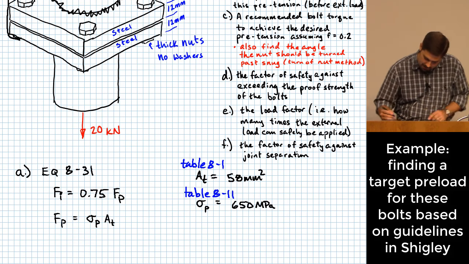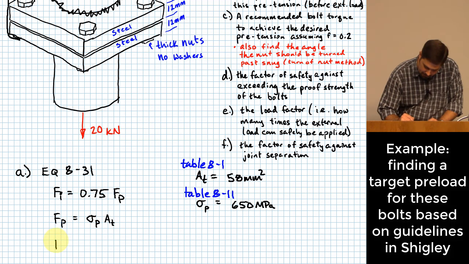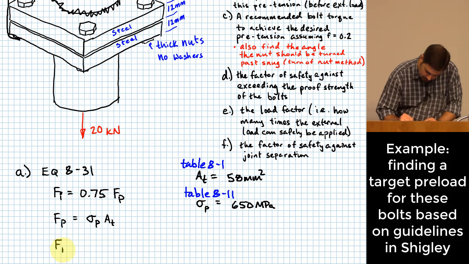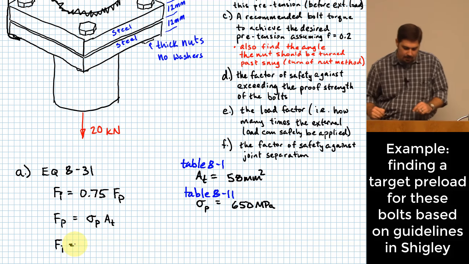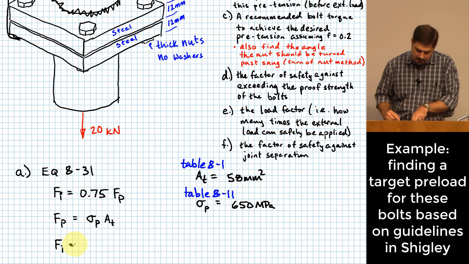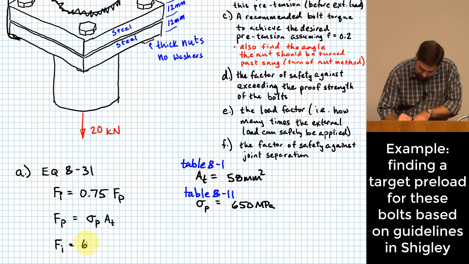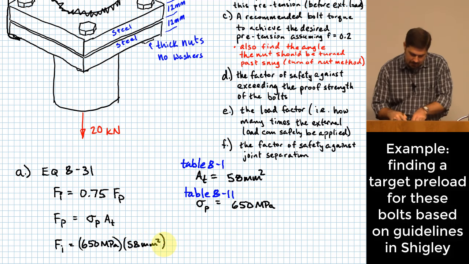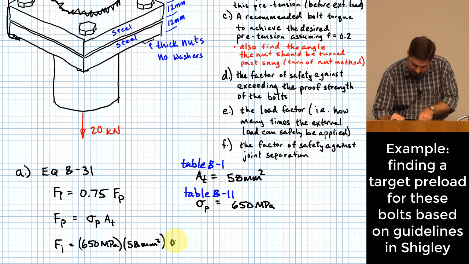All right, so now we go over here and we say that our initial loading, our preload, which they denote as F sub i, is going to be equal to 650 MPa times 58 millimeters squared, okay, times 0.75.